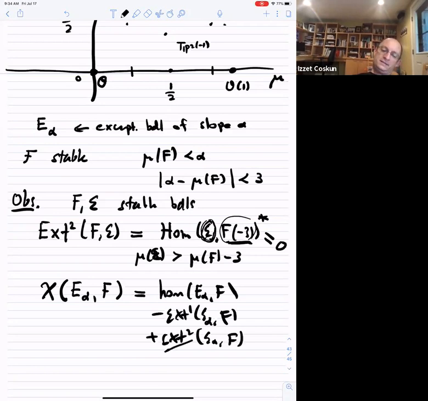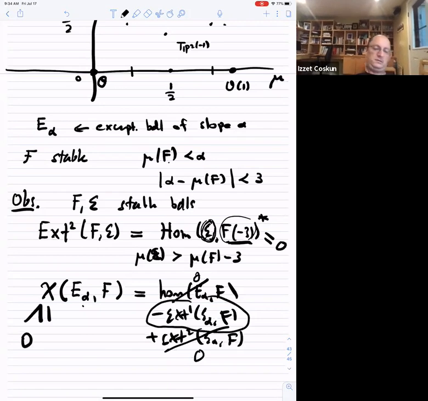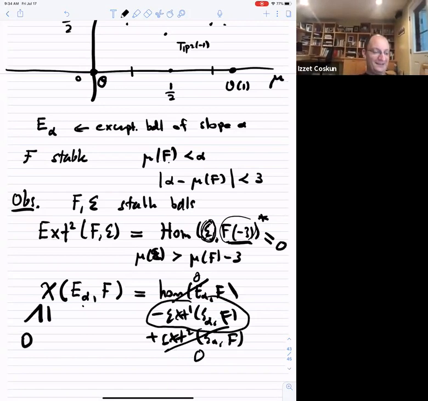What we just said, the x2 is 0. But now the slope of f is less than the slope of E alpha, so there is no Hom either. So the only thing that you can have is x1. In other words, this Euler characteristic has to be non-positive. It has to be less than or equal to 0, okay?